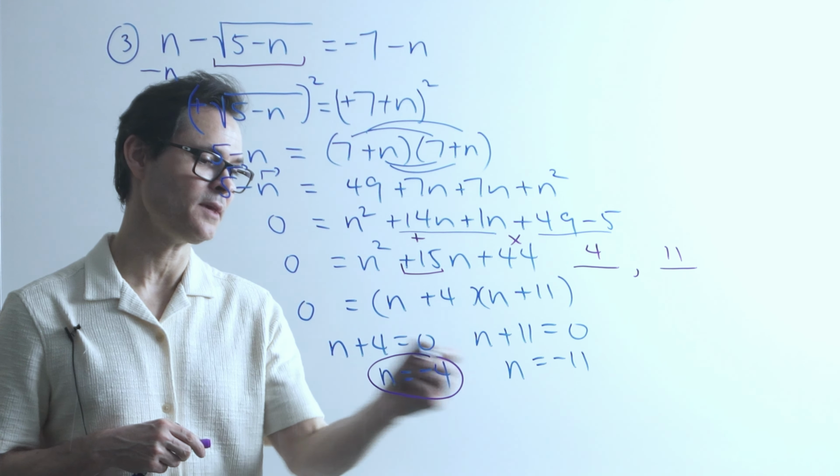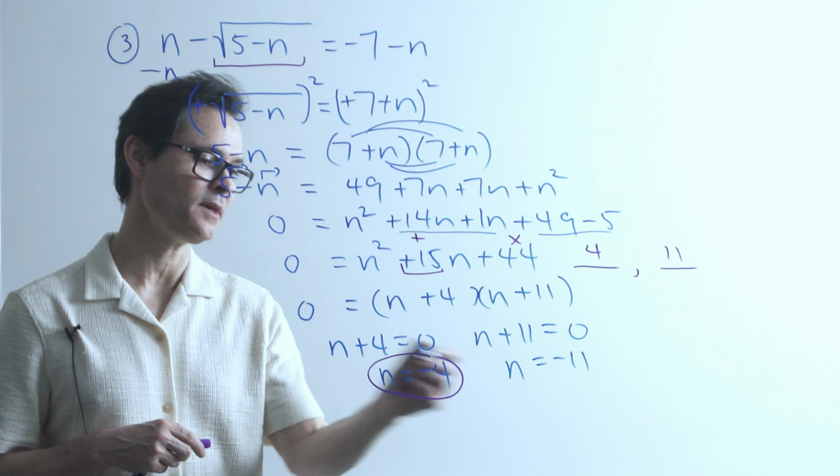Let's try negative 11. So if I put negative 11 here, I'm going to put that to the side, that's negative 11. And same as here, this is negative 11. So let's work inside the radical first. 5 minus negative 11 is 5 plus 11, and 5 plus 11 is 16. And the square root of 16 is actually 4. So let's see if this works.